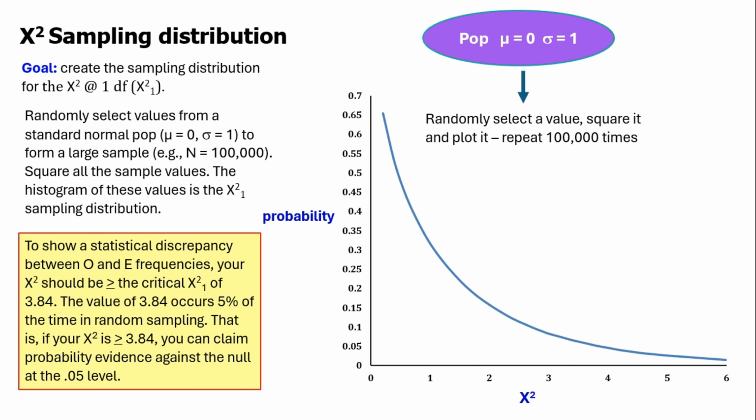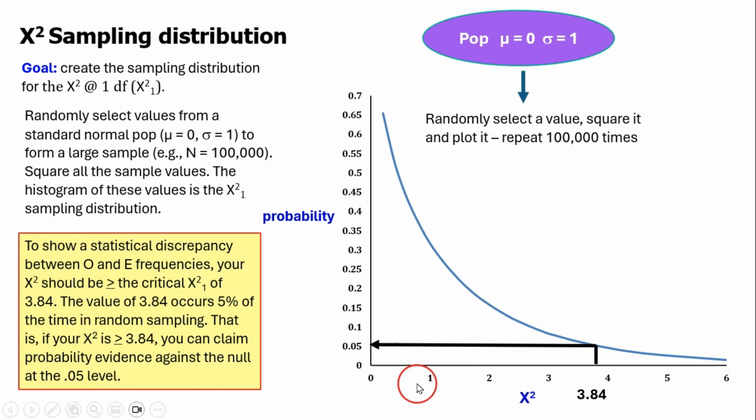So for any 2x2 table for a chi-square analysis, the critical value is 3.84. The value of 3.84 occurs 5% of the time in random sampling. That is, if your observed chi-square is greater than or equal to 3.84, you can claim probability evidence against the null at the 0.05 level.